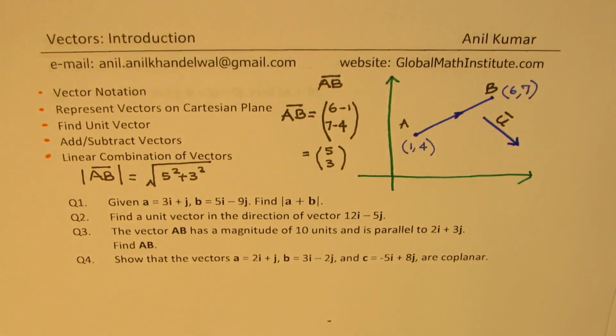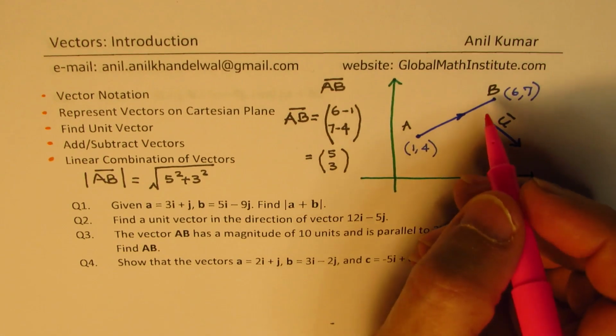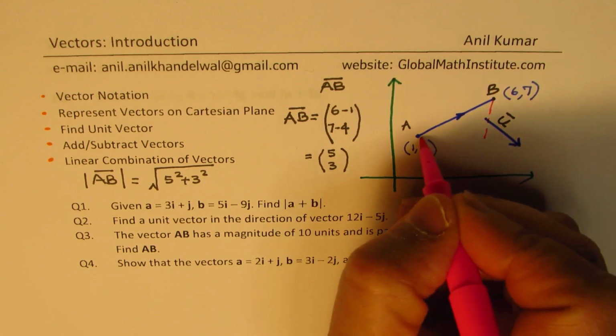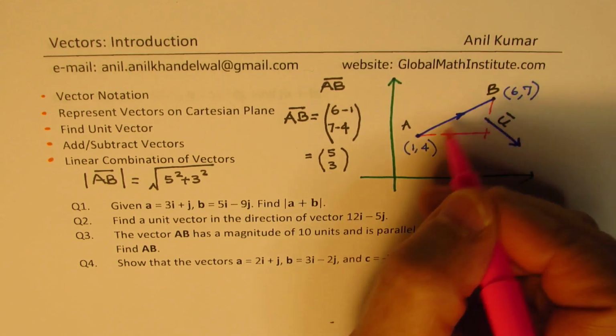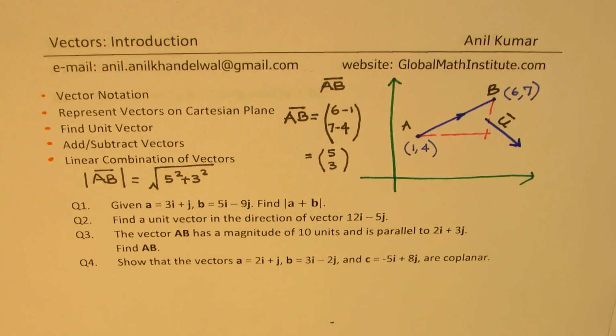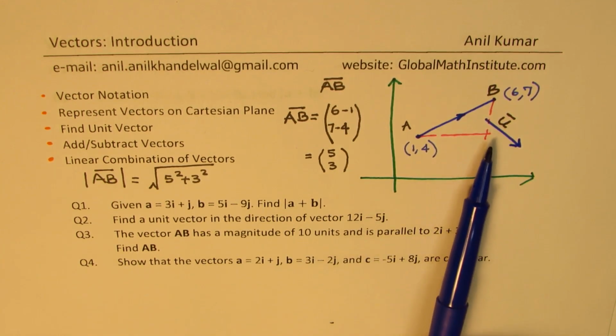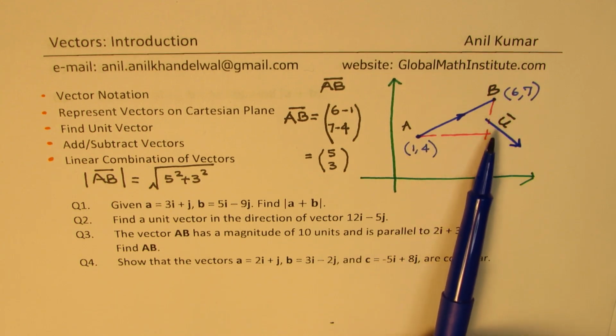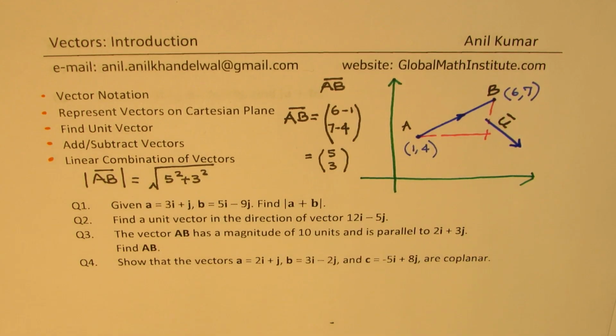So basically, what you do is actually think like this to be a right angle triangle, and that hypotenuse becomes the magnitude of the vector. x2 minus x1, y2 minus y1, square them and add them. Perfect. So that is how you could find the magnitude of a vector.